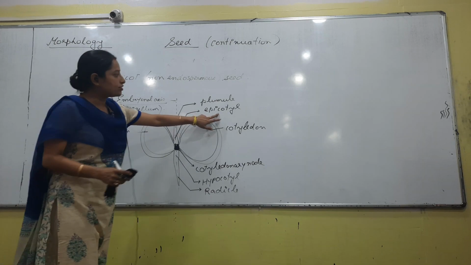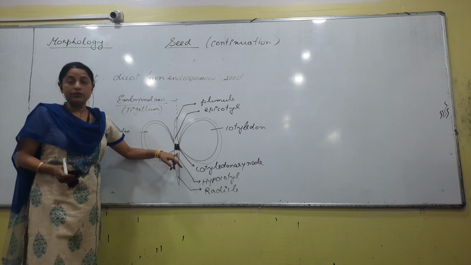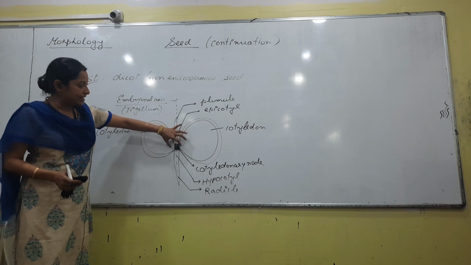I think you remember the words epicotyl and hypocotyl, no? We have an area that is called the cotyledonary node, and this is the area where the two cotyledons meet or remain attached with each other.